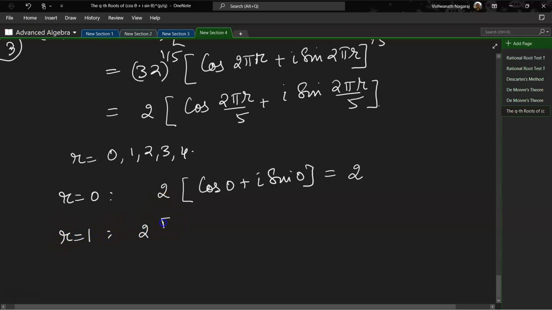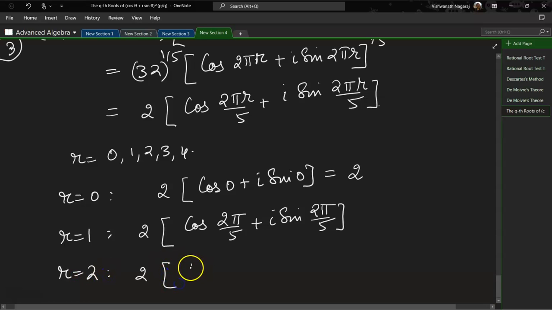So this becomes 2 times cos 2 pi by 5 plus I sine 2 pi by 5. Yes, r is equal to 2: 2 times cos 4 pi by 5 plus I sine 4 pi by 5.